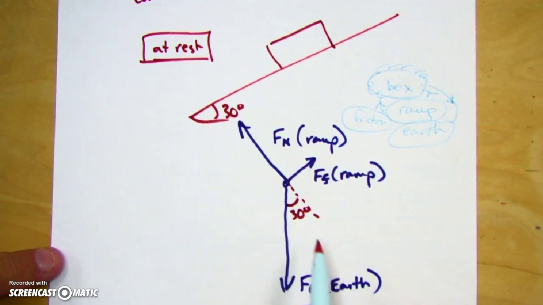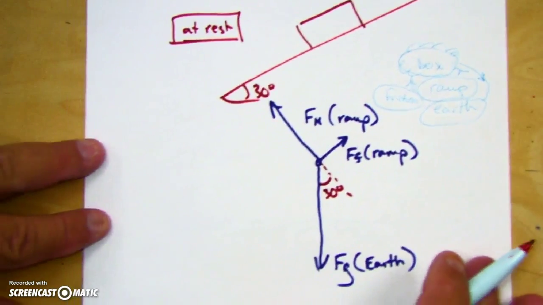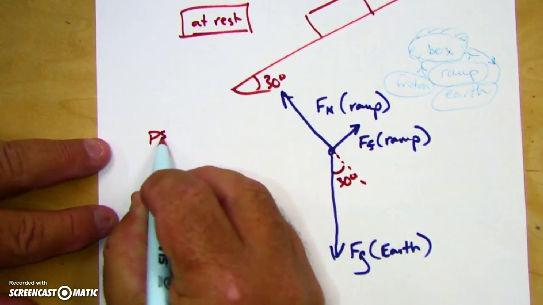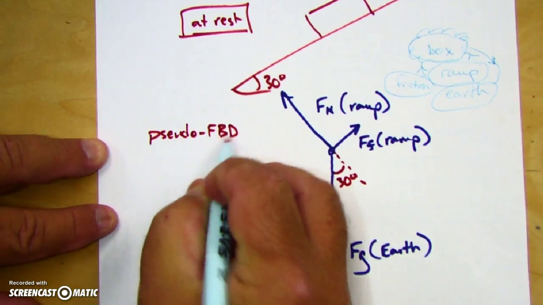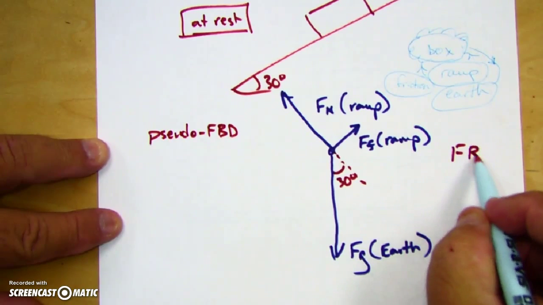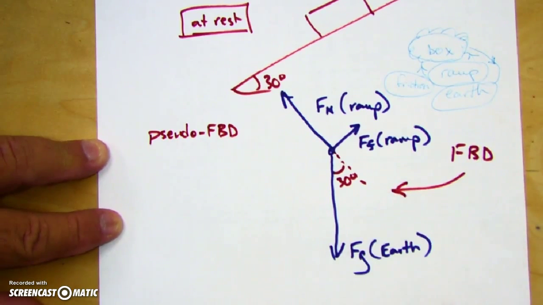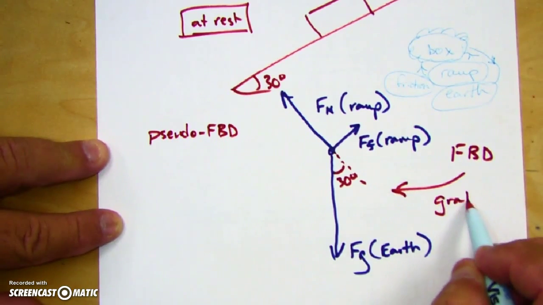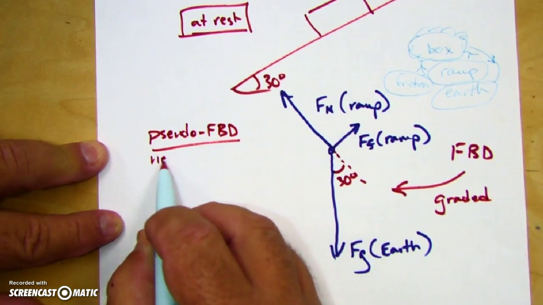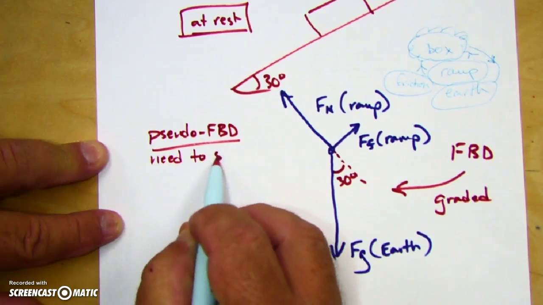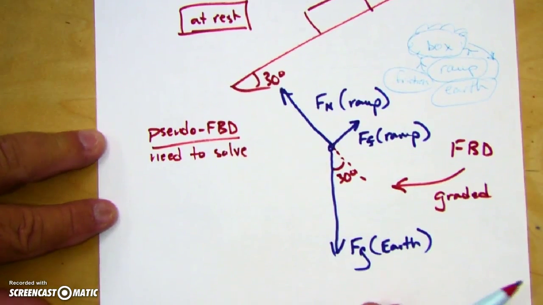So quite often to help solve these, I need something additional. Well, it's what I like to call a pseudo free body diagram. This is my free body diagram. This is what's going to be graded. This is what you need to solve anything. You need to draw a pseudo free body diagram.